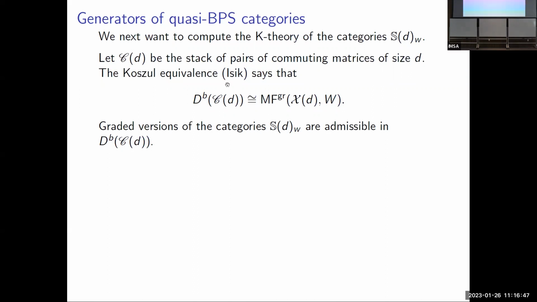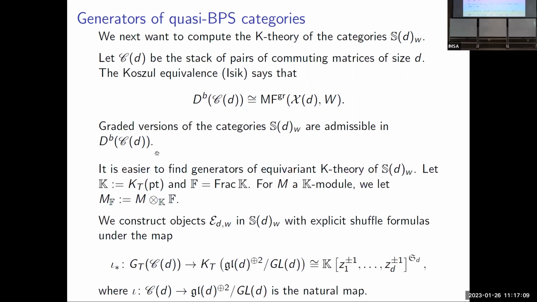So in this case, the Hall algebra of points on C3, this is a categorification of the positive part of the elliptic Hall algebra, but it also has a decomposition in Hall products of quasi-BPS categories. Okay, so we can realize these quasi-BPS categories inside this stack CD. Okay, so why would that be important?